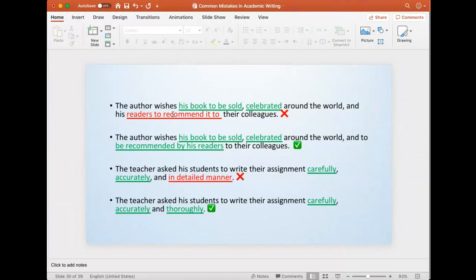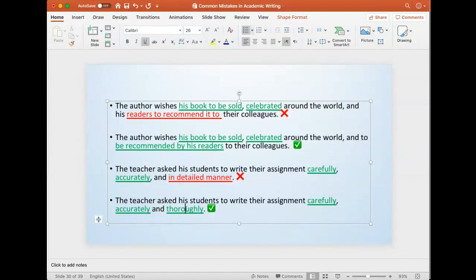Number 3, the teacher asked his students to write their assignment carefully, accurately, and in detailed manner. So detailed manner here doesn't follow this pattern, which is an adverb. So I would change it into thoroughly.